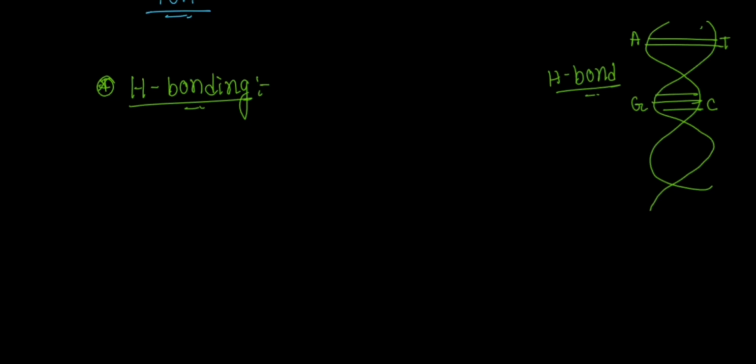So what is hydrogen bonding? Hydrogen bonding is something which is shown by fluorine, oxygen, and nitrogen, because the electronegativity order in the periodic table is highest for fluorine, then oxygen, then nitrogen.